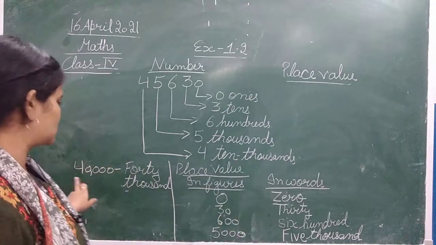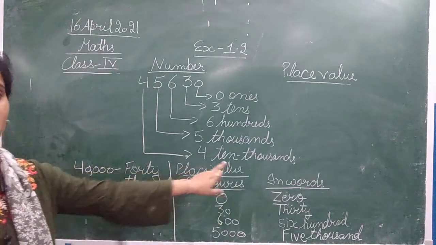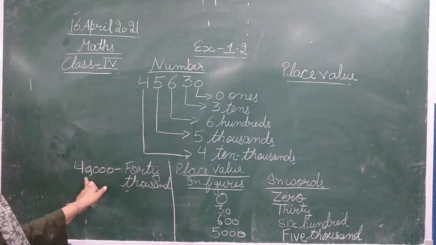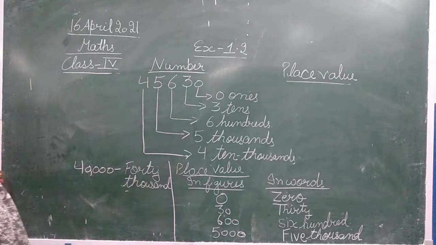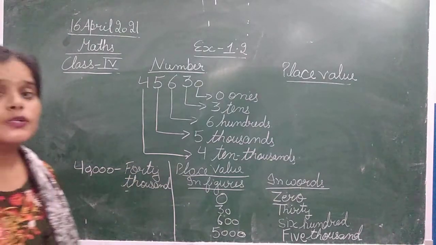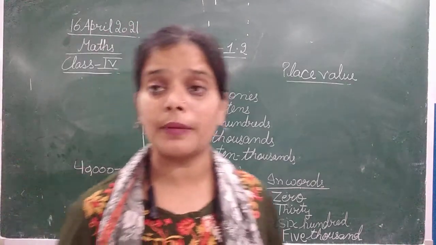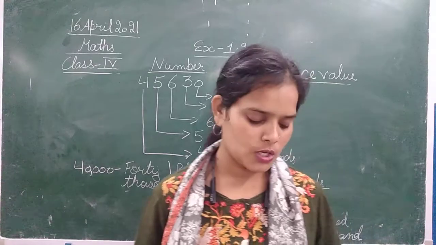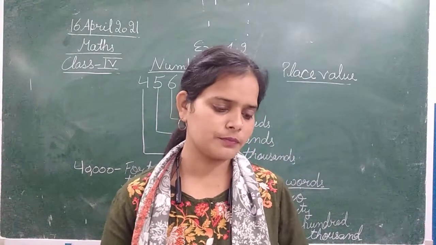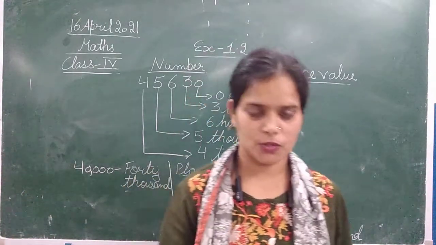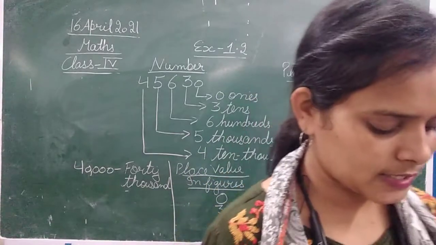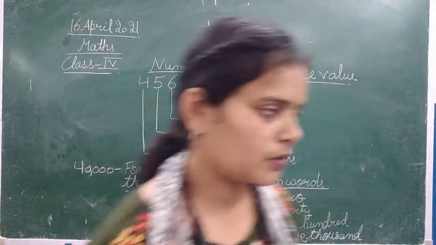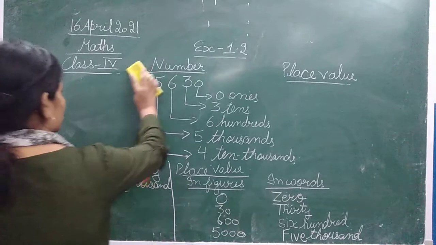And the next was 4, it has 10,000 place, that is 40,000. Clear? So this is how we are going to write down the place values, चाहे उन्होंने words में पूछी हो चाहे numbers में पूछी हो. So let's begin with the next exercise, that is exercise 1.3.